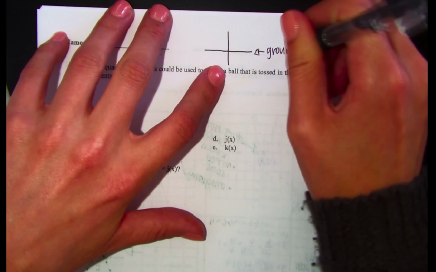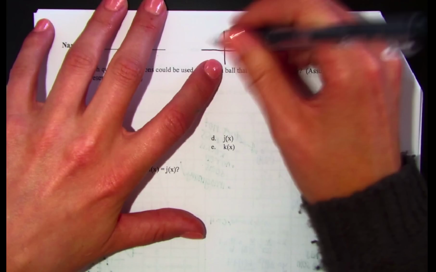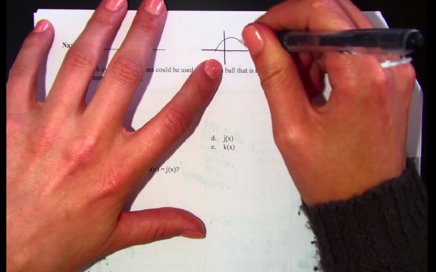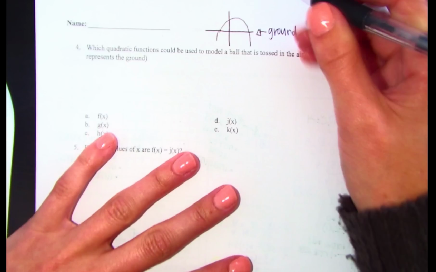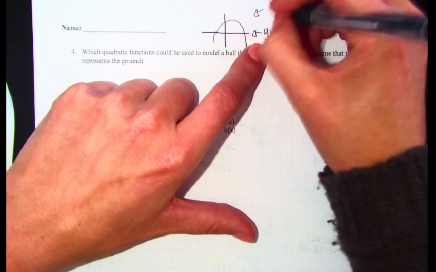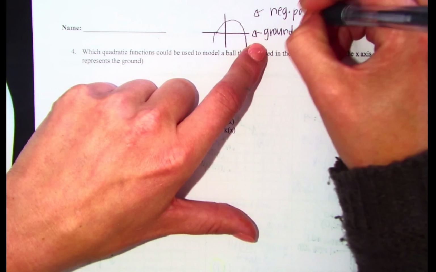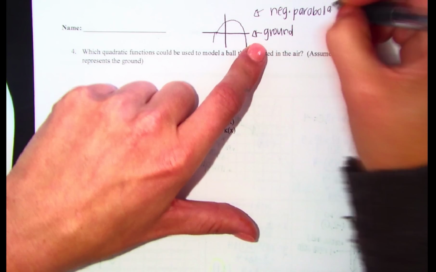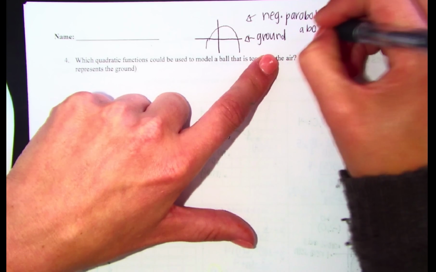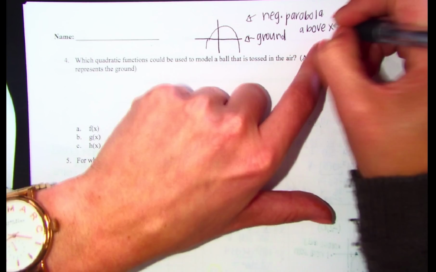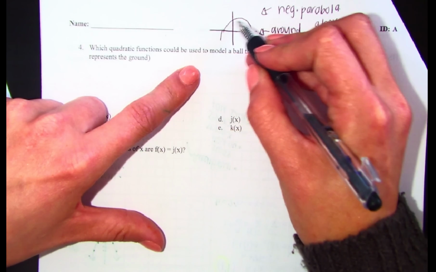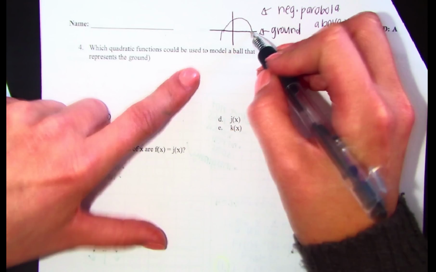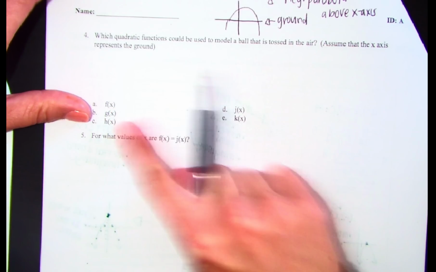So if you picture a ball being tossed, they're looking for a negative parabola that goes over the x-axis. So it has to be a negative parabola opening down, and it has to be above the x-axis because when you throw a ball, you're above the ground. And it shows if you're here, you throw the ball, gravity brings it back down to the ground. So we're going to look at these 5 graphs.